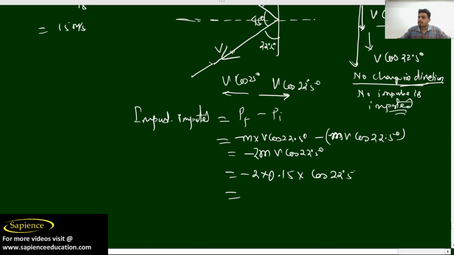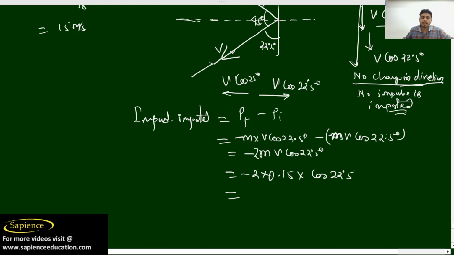So try to calculate it. Cos 22.5 is equal to 0.92, so 0.92 into 0.15 into 2 into 15.